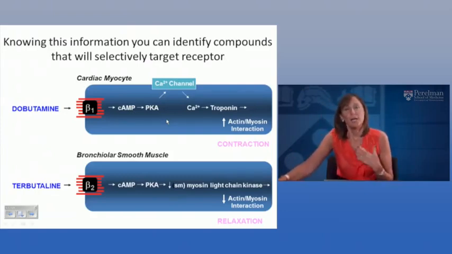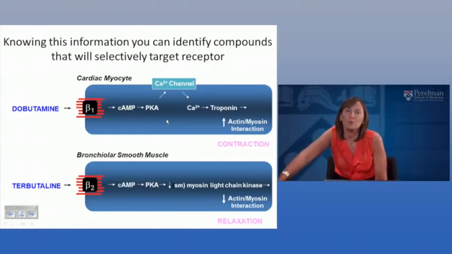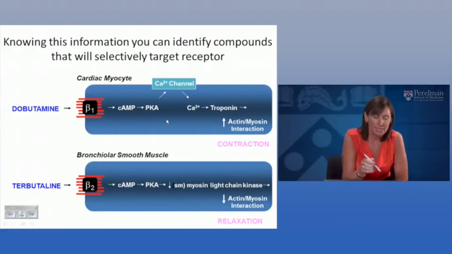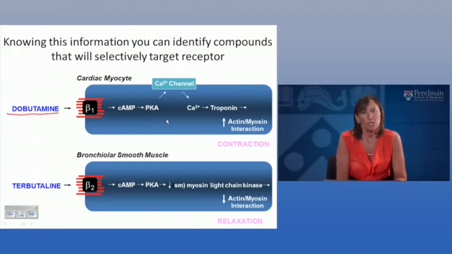So when we understand how receptors function and we synthesize drugs, we know that we can utilize these drugs to have different effects on different cells at different target concentrations. In this particular example, just to round out the total number of examples I'm giving you, this is a drug, dobutamine.